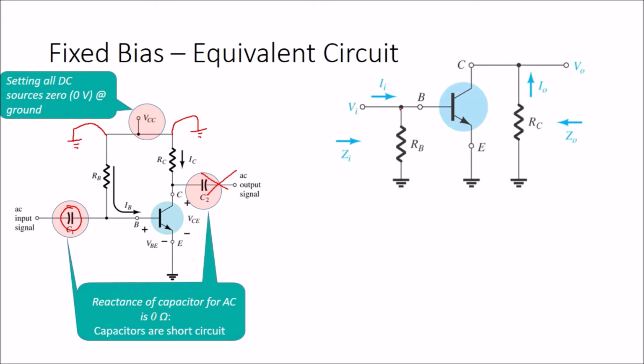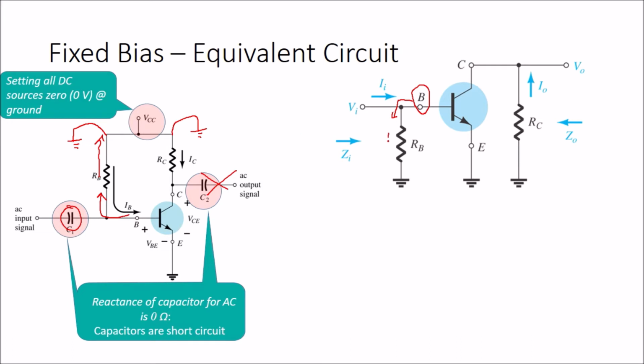So if we rearrange the circuits, we will have the configuration like this, where the base terminal is going to connect to RB, and then from RB go straight to the ground.